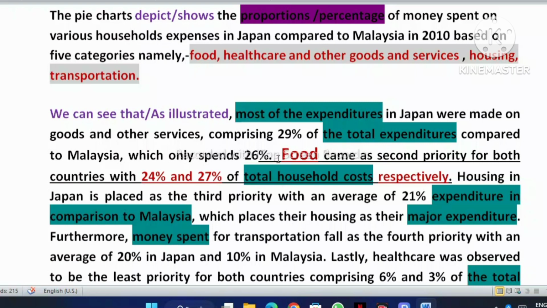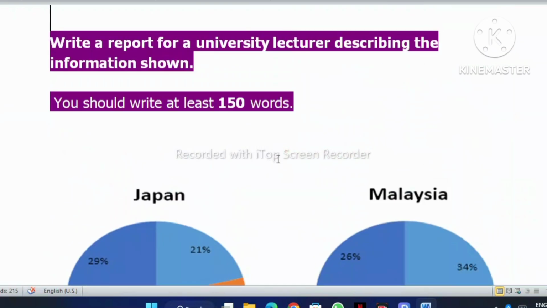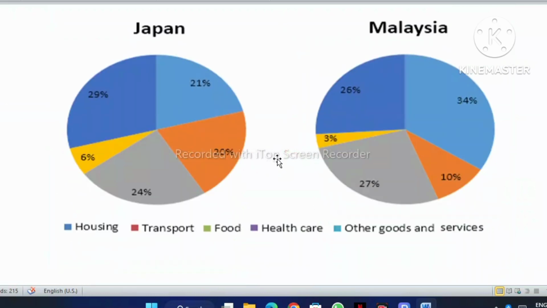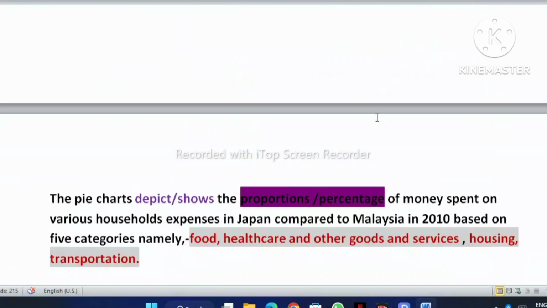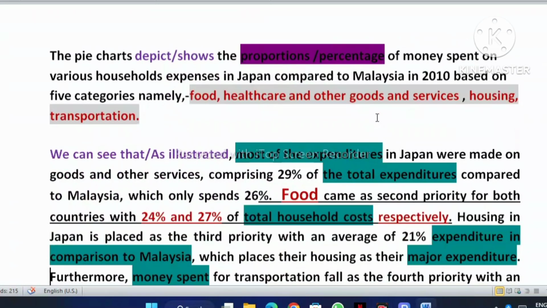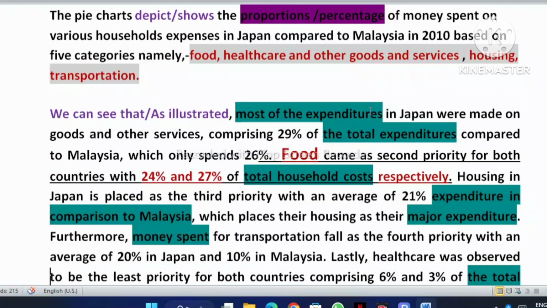Now we'll talk about the food, and you can see in the pie chart that in both countries, food is the second major amount of money they spend. For example, food came as second priority for both countries with 24% and 27% of total household costs respectively.